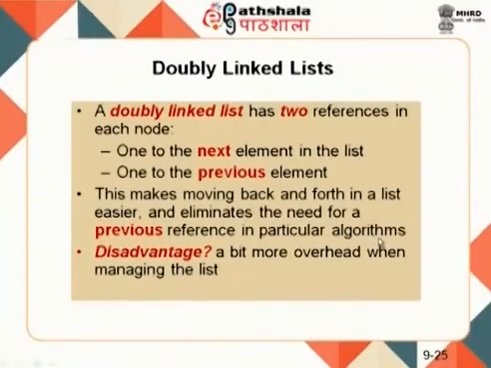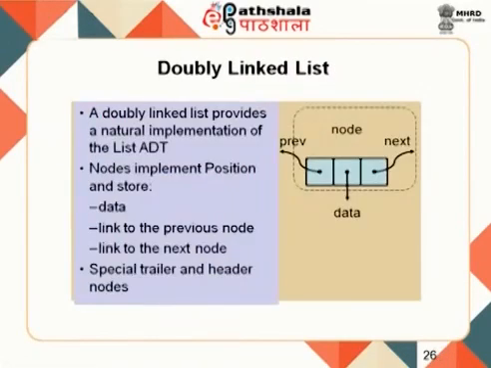So, normally what we did, we went on searching till we found some P dot next that satisfied a condition, but I also had P, the address of the previous node. Unless I did this, I could not do insertion or deletion. So, that eliminates the need of a previous reference that we saw in the previous algorithms. Disadvantage: you obviously have a bit more overhead because you have two pointers instead of one.